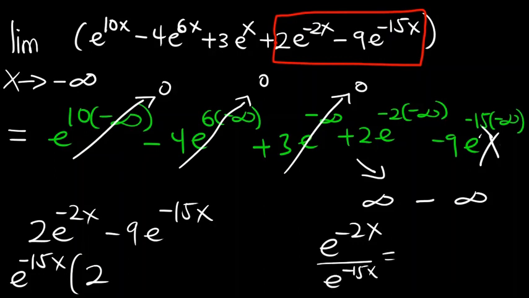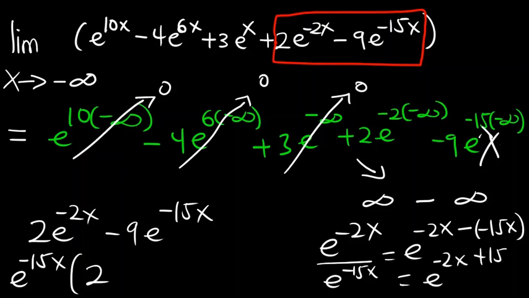And then we can write this as e to the power minus 2x minus minus 15x, and this will give us e to the power minus 2x plus 15x. So at the end, you're going to have e to the power 13x. You're going to have 2 times e to the power 13x, and over here we are just going to have minus 9. So that will be the factorization.